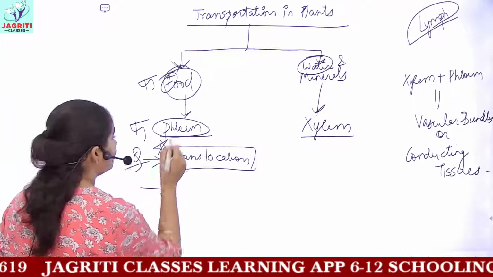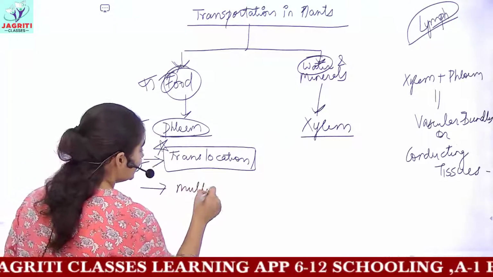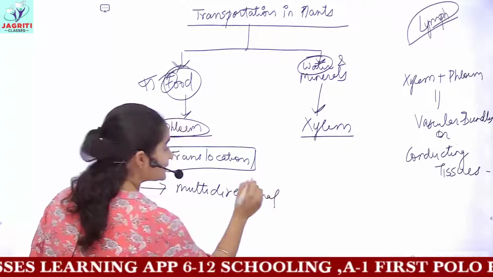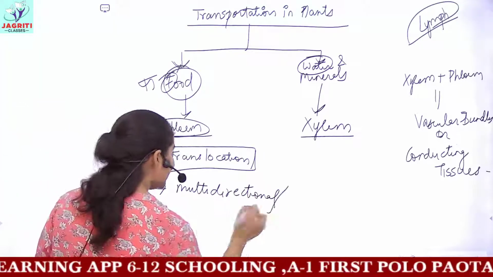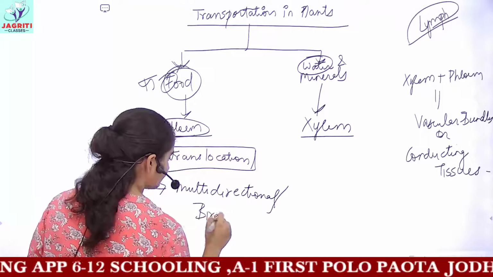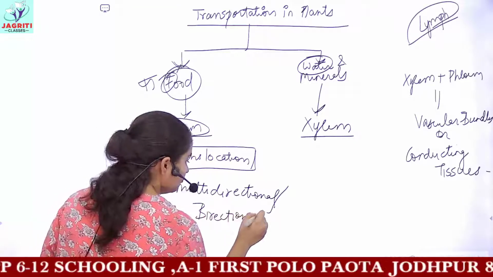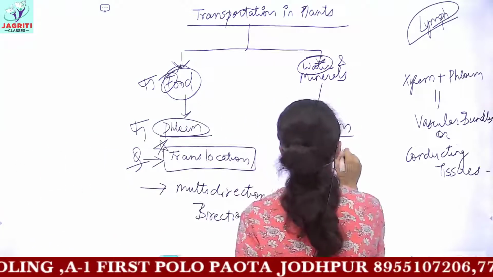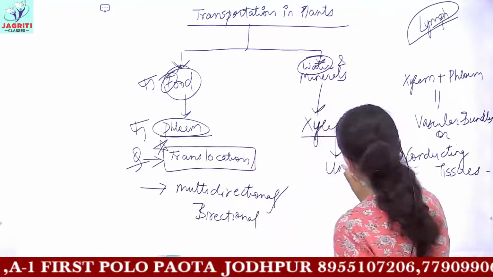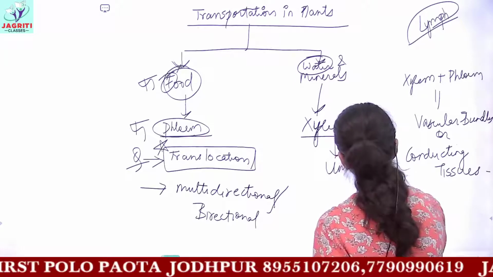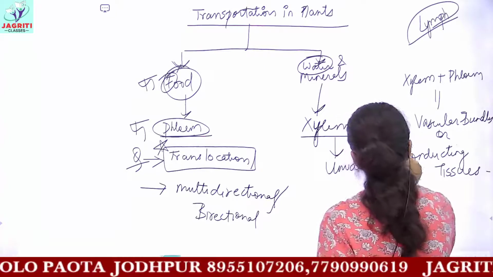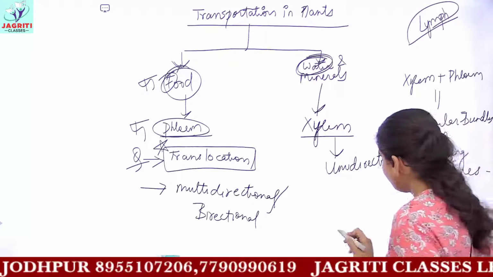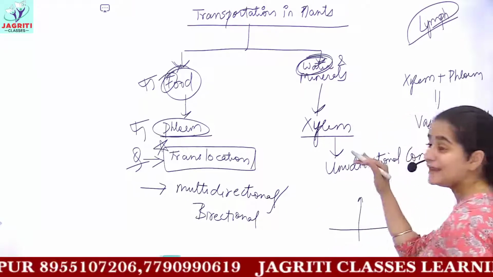Then this phloem helps in multi-directional transport. Or you can also say this to be a bidirectional transport system. Whereas the transportation done by xylem is unidirectional, because xylem is responsible for transport of water, and transport of water is achieved from the roots to the aerial parts.